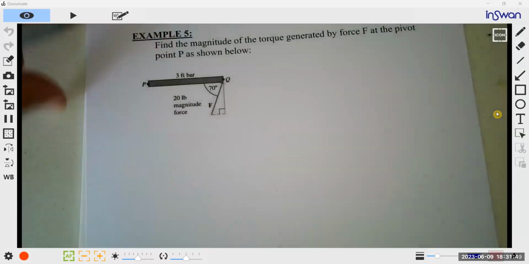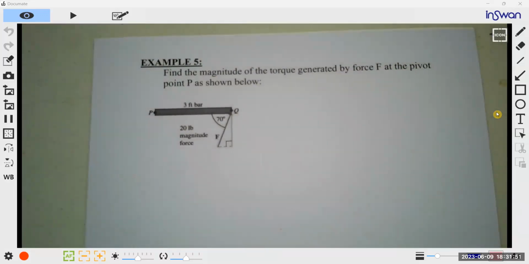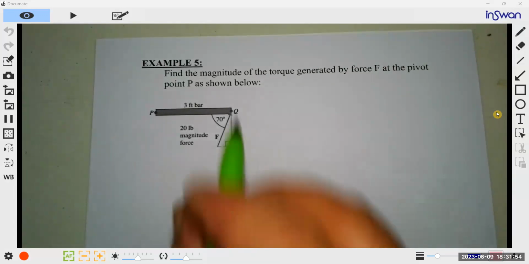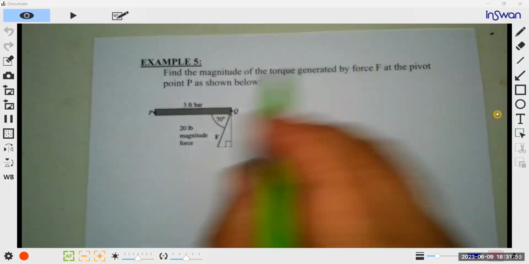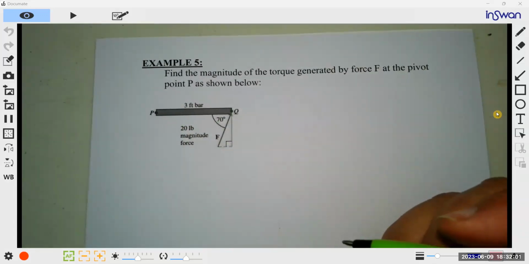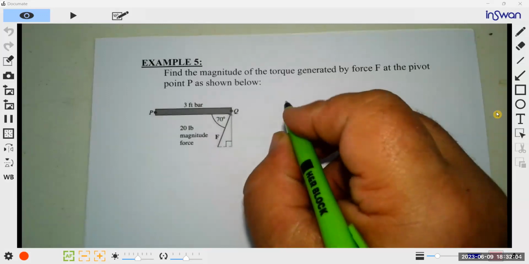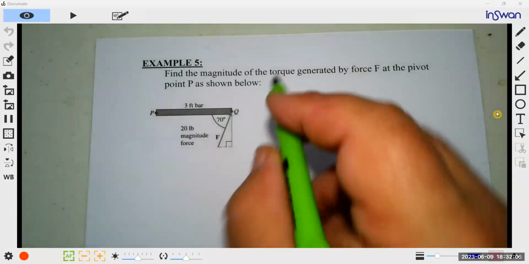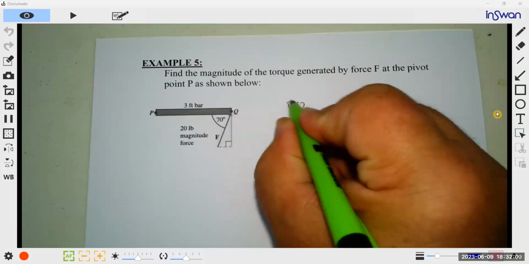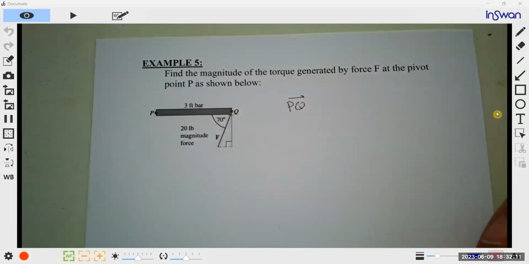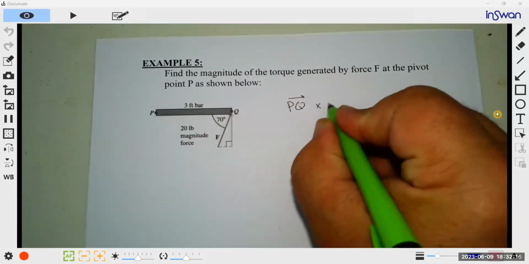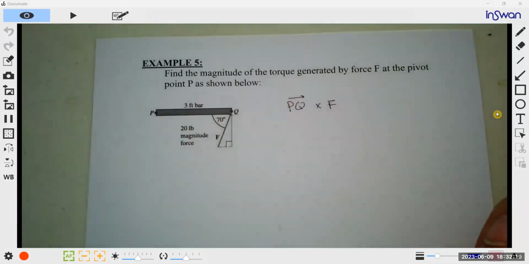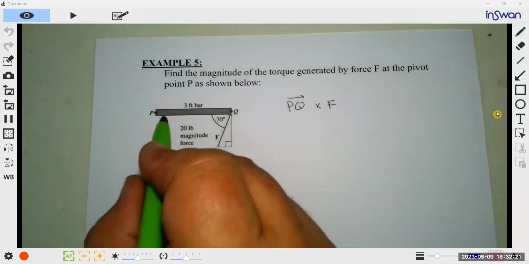All right, let's look at an example here. Find the magnitude of the torque generated by the force F at the pivot point shown below. So we have the force acting at PQ.